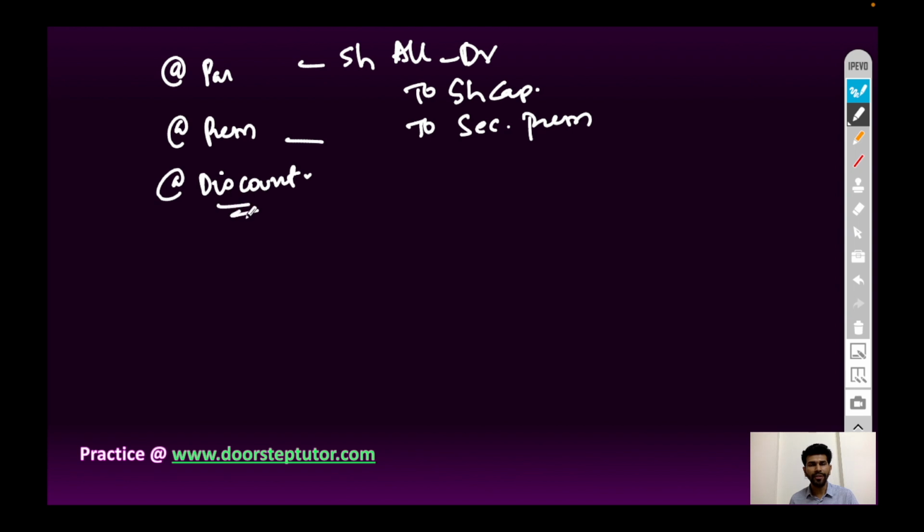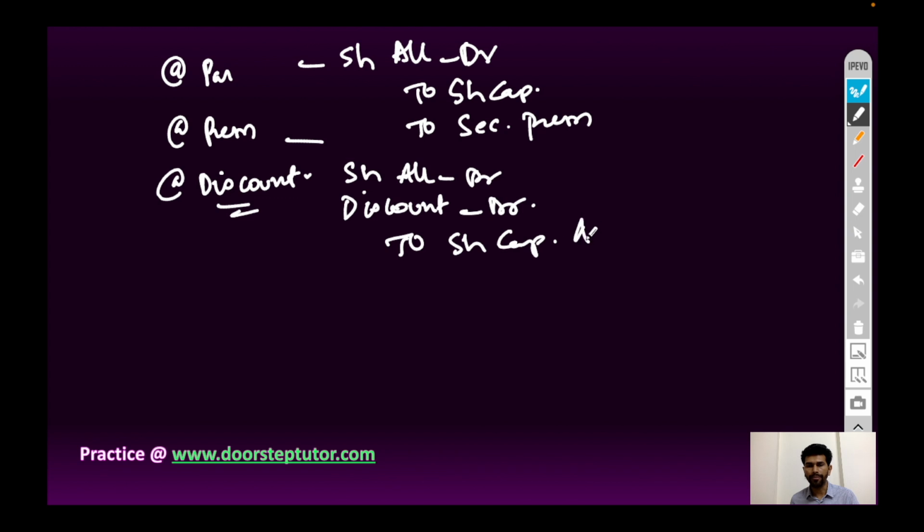And in case of discount, discount on issue of share will also be debited. So entry will be share allotment account debit, discount on issue of share account debit to share capital account. But remember, as per new provisions of Companies Act 2013, public issue of share at discount is not allowed.